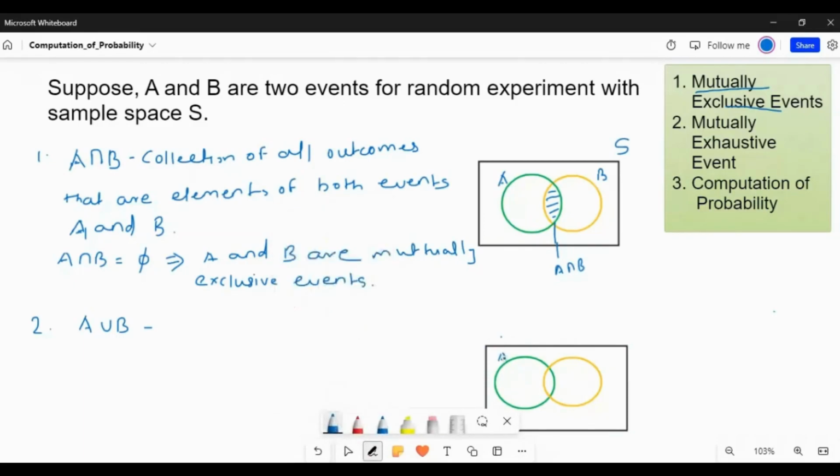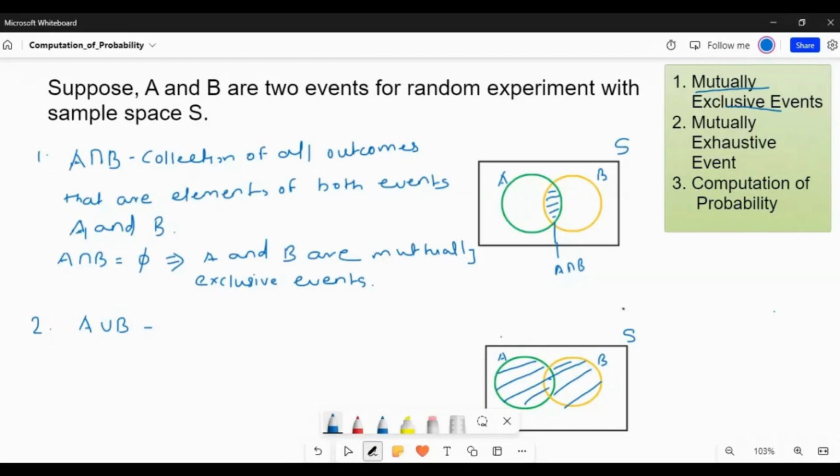Suppose this is A, this is B, and this is the sample space. Then A union B is nothing but the occurrence of A, or occurrence of B, or occurrence of A and B both.